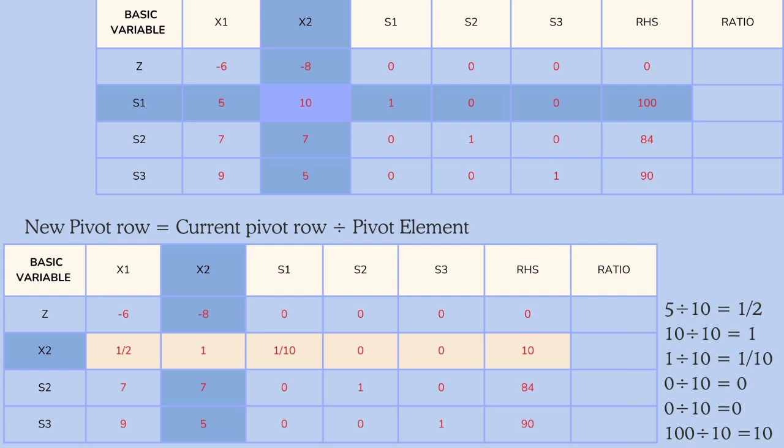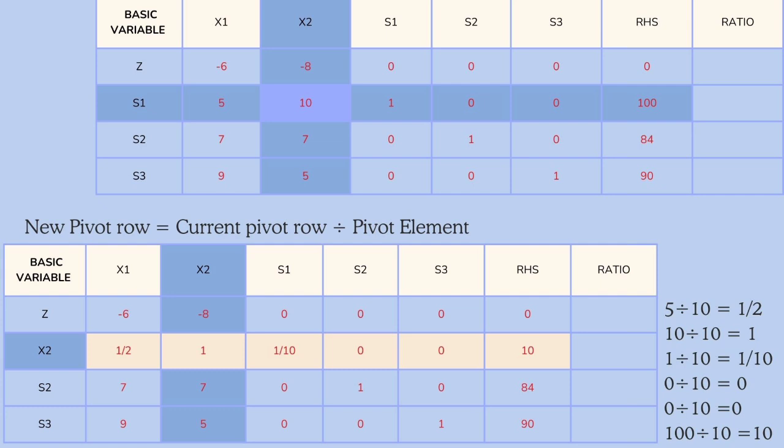Then, yung pivot element naman natin is 10. So, pwede na tayo mag-solve. So, first is 5 divided by 10 is equals to 1 half. 10 divided by 10 is equals to 1. 1 over 10 is equals to 1 over 10. 0 over 10 is equals to 0. Then again, 0 over 10 is equals to 0. 100 over 10 is equals to 10.